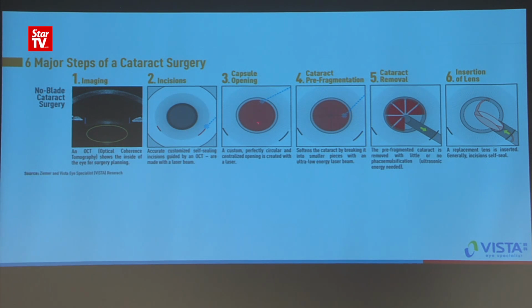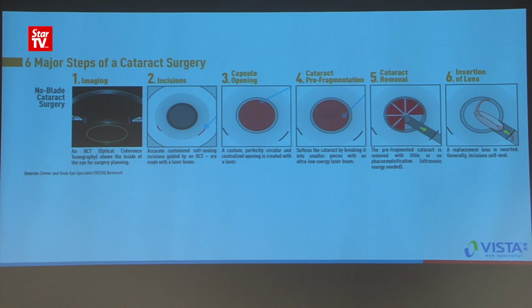And the same laser makes an opening in the front capsule of the lens. Otherwise, we would have to use a sharp instrument to make a circular tear as round as we can. But when you use a computer to make a circular opening, you get a very consistent and repeatable opening. If you want a 5.4 mm round opening, it will always be 5.4 mm.